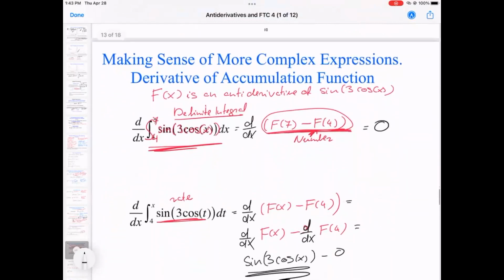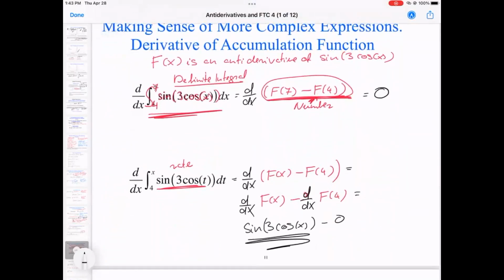Okay, and back to these two problems again, I review. What's the derivative of the integral from 4 till x of sine 3 cosine x dx, right? You don't have to calculate anything. The integral from 4 till x is an accumulation in the quantity which expresses the change in a quantity due to this rate function from 4 till x. This is a number that produces a number because it's a specific value.